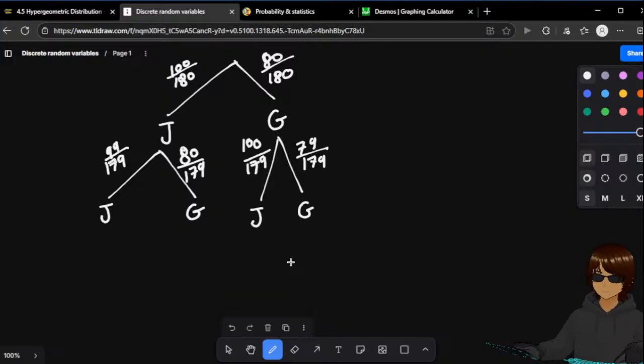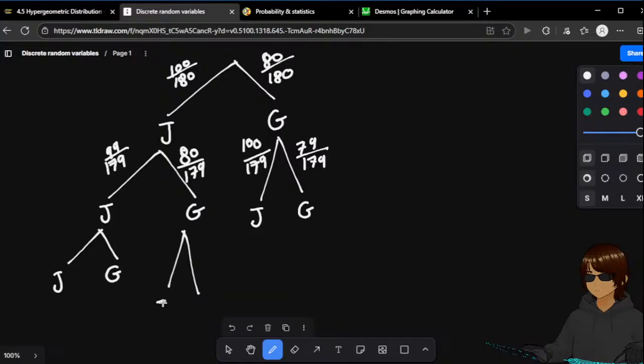Let me think this through. Okay, let's draw one more tree actually. Jelly, gumdrop, jelly, gumdrop.